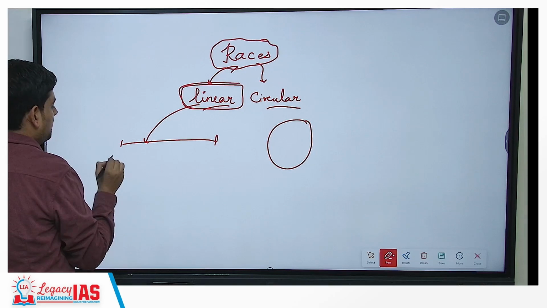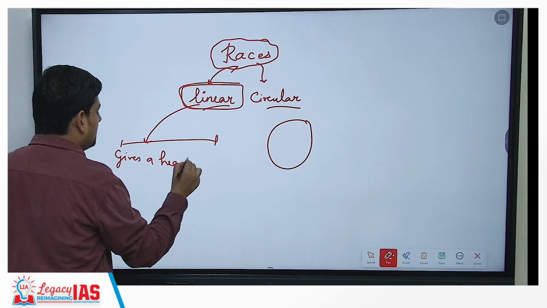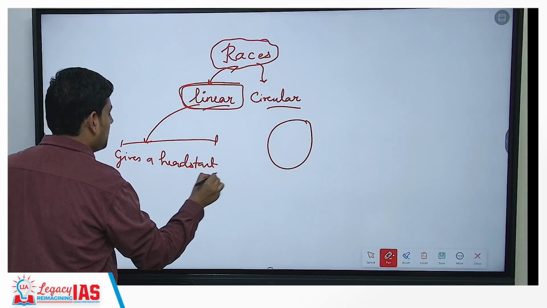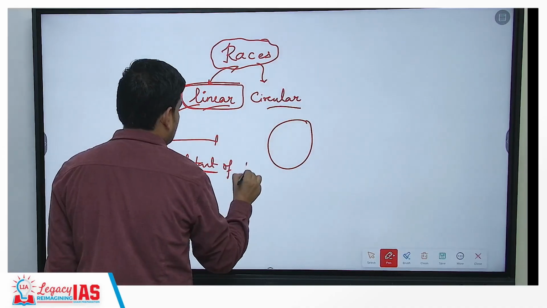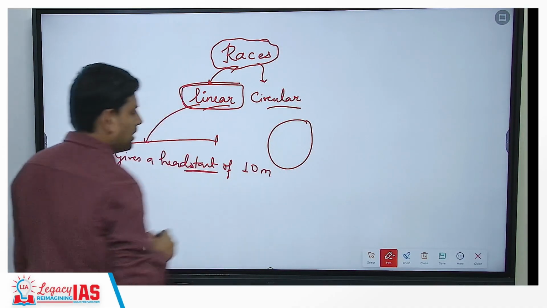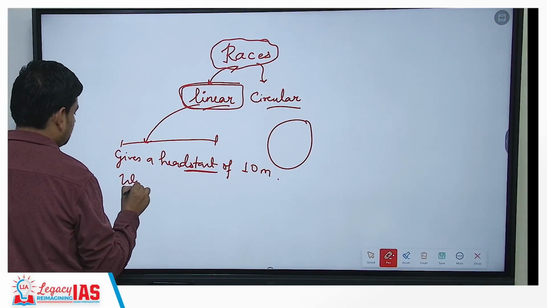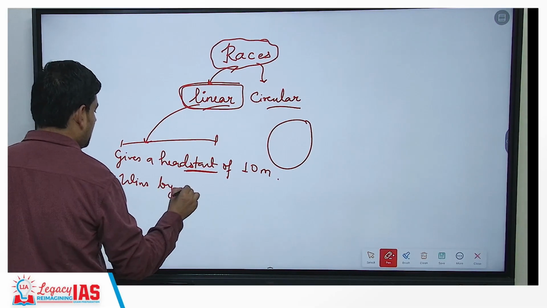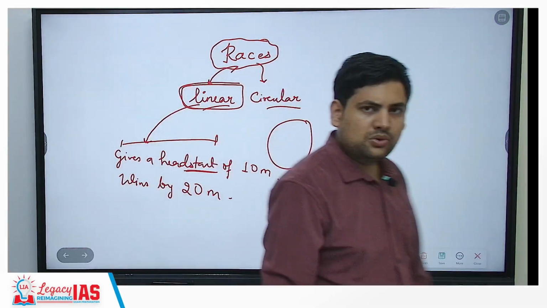One is gives a head start, or sometimes it will be written only start. Gives a start of, let's say, 10 meters, okay, and the other is wins by 20 meter. Now we'll understand both the terms.